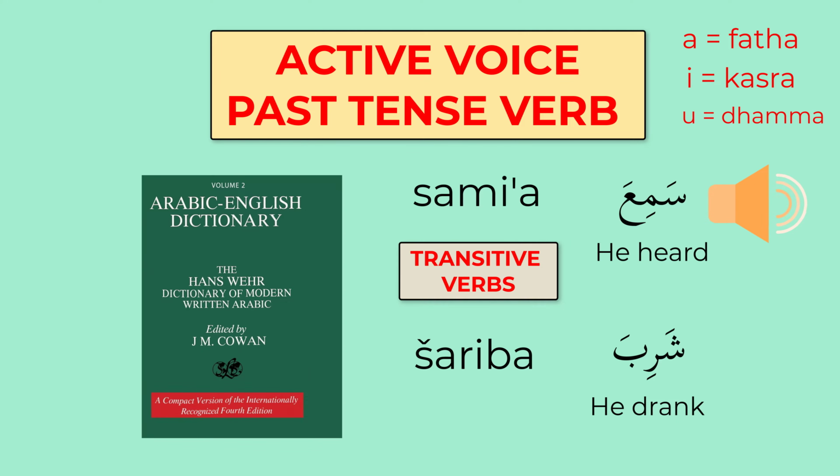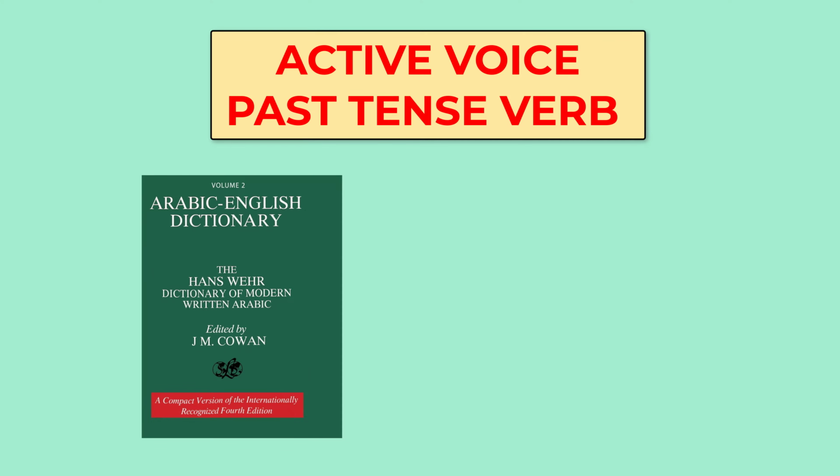So asking who or what shows that it is a transitive verb. Similarly, he drank. What did he drink? And so we understand it's transitive. Also, with some base letters, we can have more than one past tense verb form.